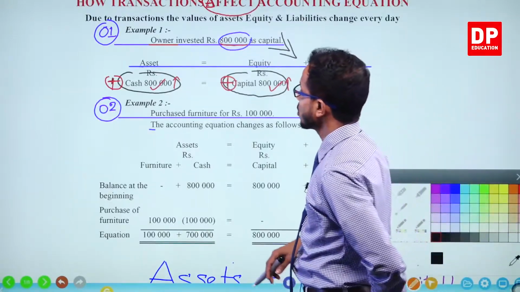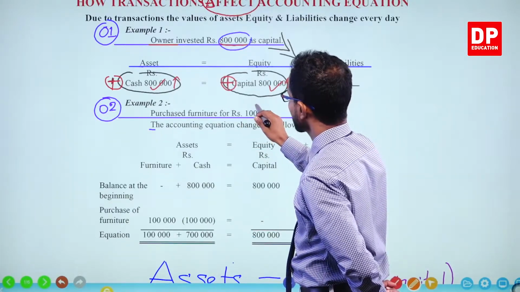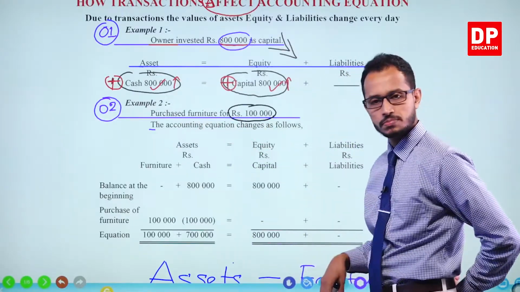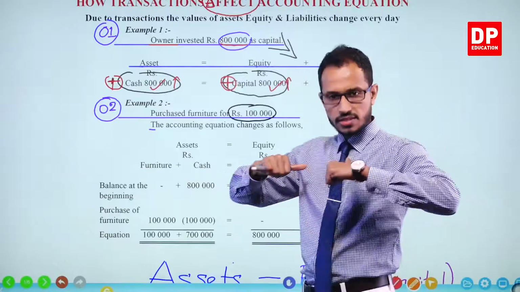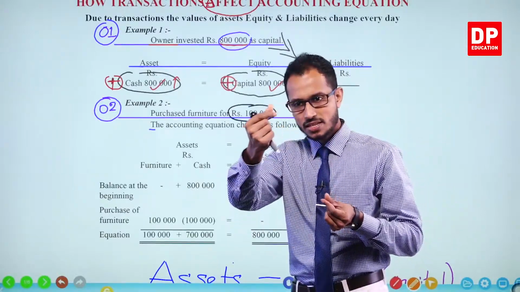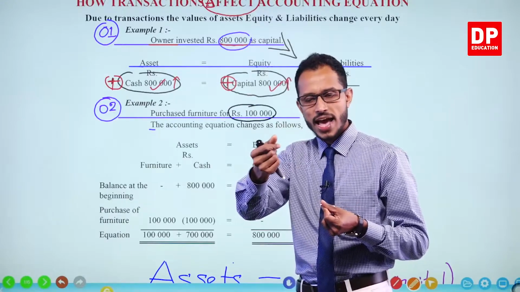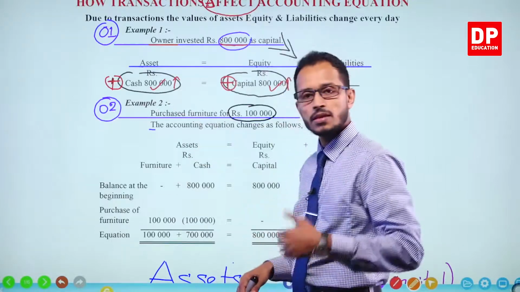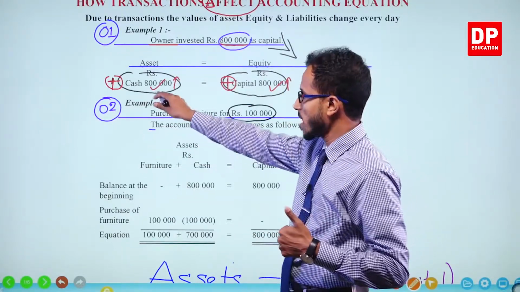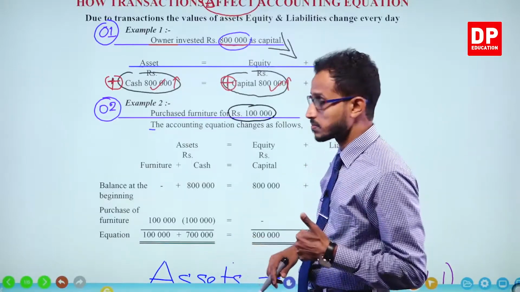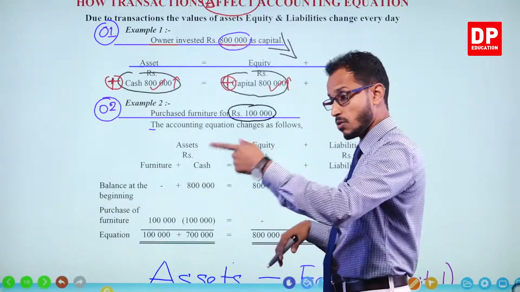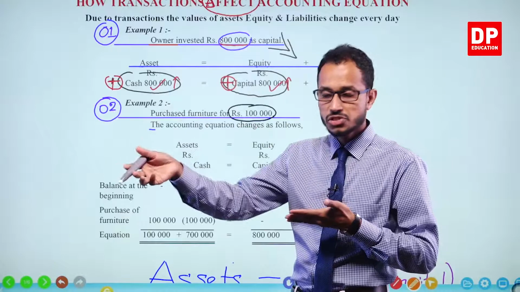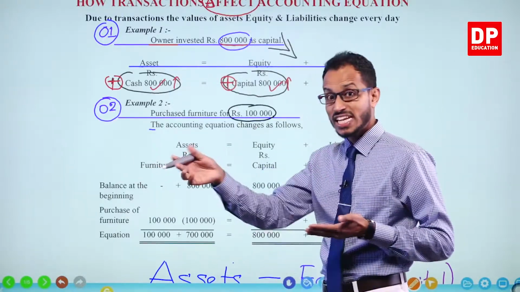All right, so I'm gonna again circle the amount. Purchased furniture for 100,000. Now, I have started this business. I have invested my personal money or cash, 800,000, to the business. So now in the business, there is 800,000 worth of money already. 800,000 or 8 lakhs of cash is in the business. Maybe it's in the cash till.